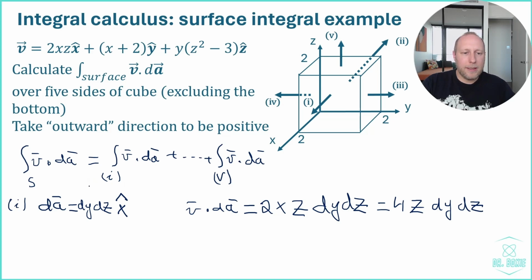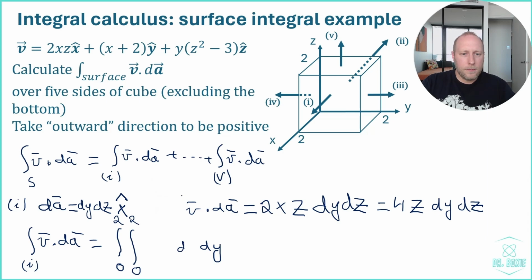And now we want to integrate this. So it's the integral over face v dot dA, which is the double integral over y and z, where y goes from 0 to 2, z goes from 0 to 2 of 4z. The 4 can be just pulled out of both integrals, so we just get a 4 at the front.